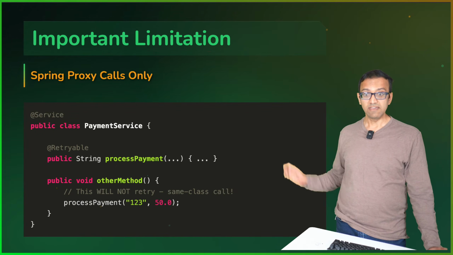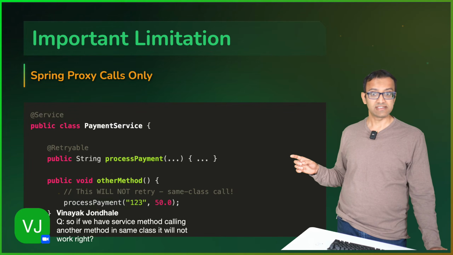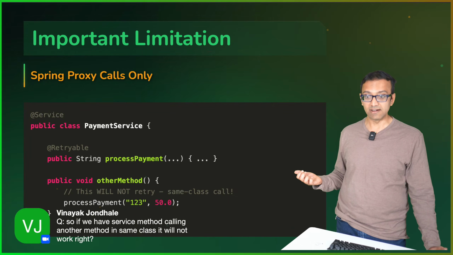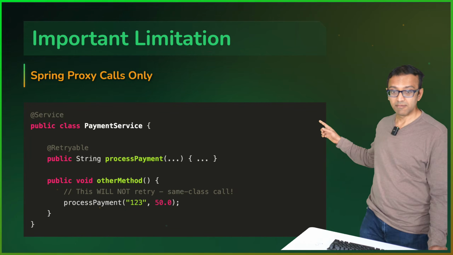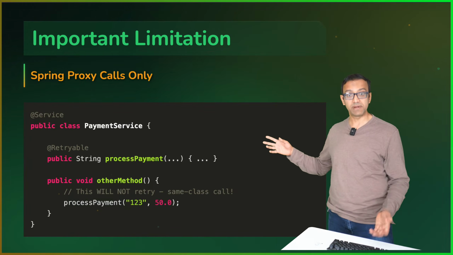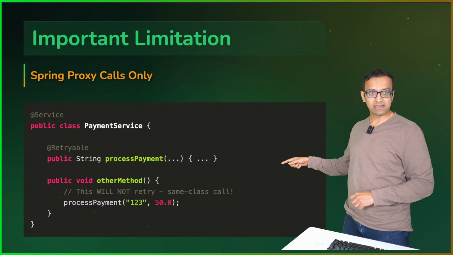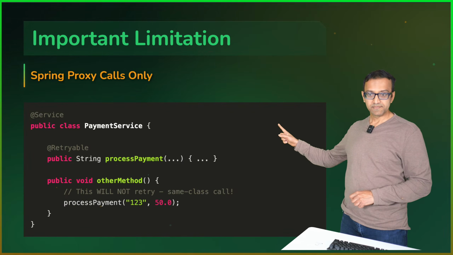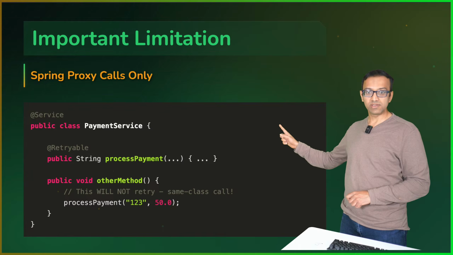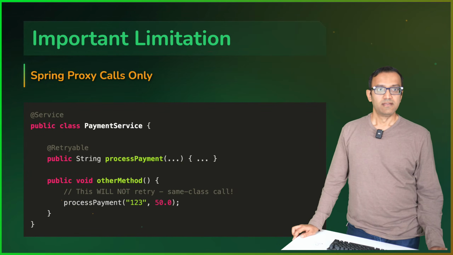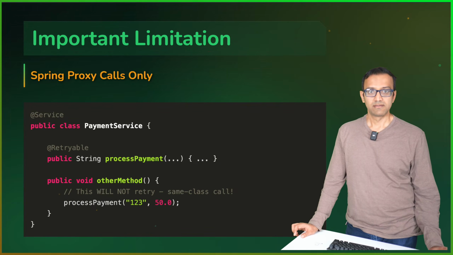Even though I see a question here, I think this is what it's addressing. If you have a service method calling another method in the same class, it'll not work. Yeah, it'll not work. So here, PaymentService is a Spring service, and you have another method here which is calling this thing here. It's not going through Spring. It's not going to get the retry, right?